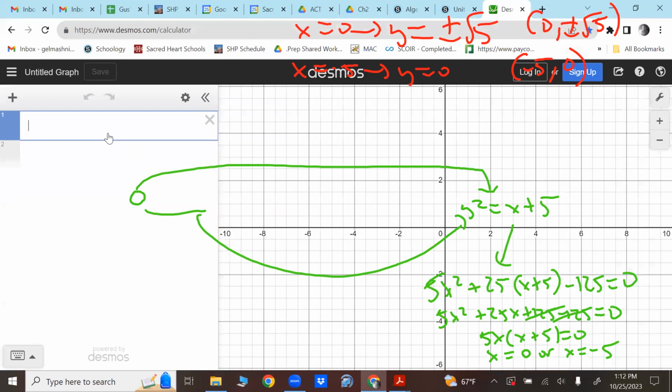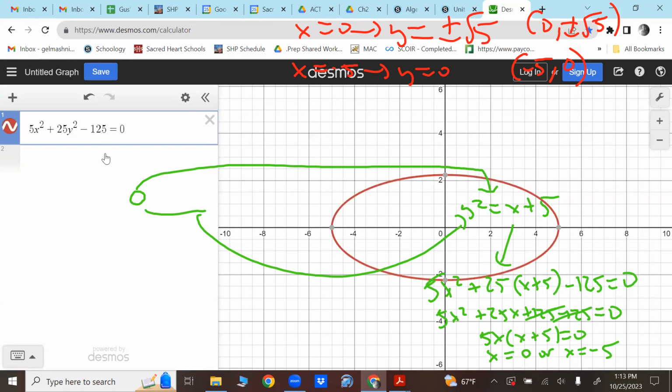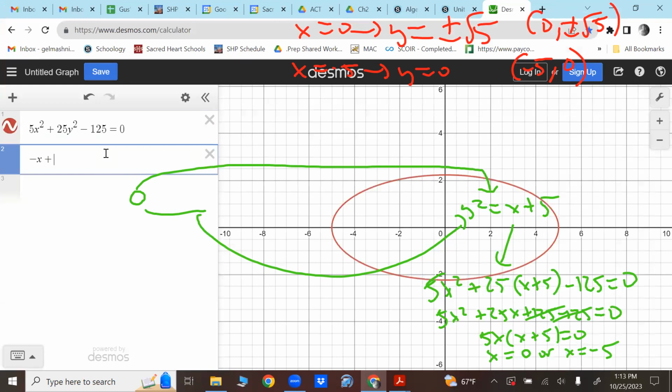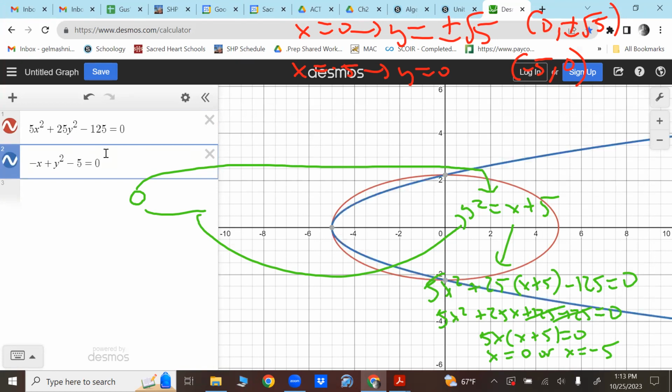If I have x squared minus x equals 0, I could multiply that by 5 and it would still be equal to 0. As long as you have just one variable to work with, then you're fine. But you don't want to do that with 2 variables, it makes it worse for yourself.